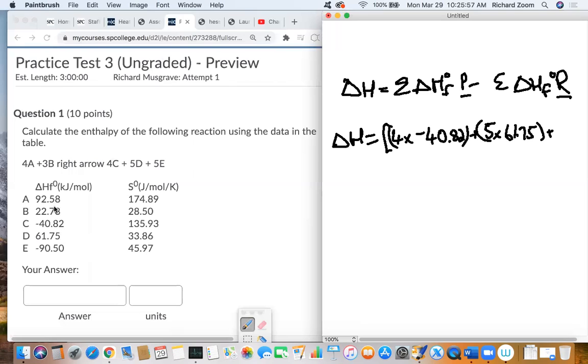And then E, 5 times negative 90.50. That's the products minus the reactants, which is 4 times 92.58 and 3 times 22.78.